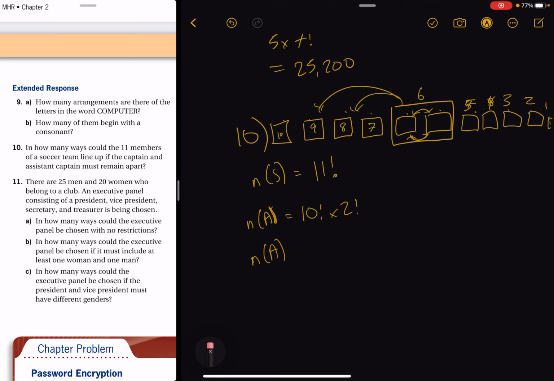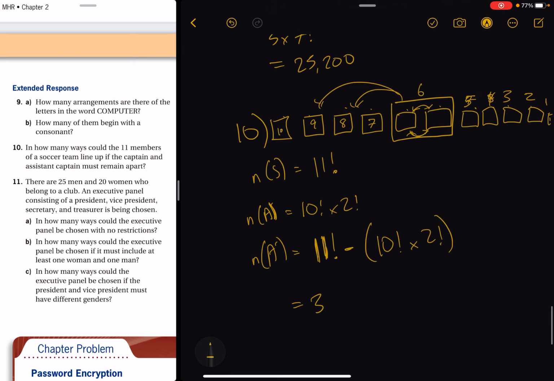Let's erase that. So then the number of ways they're apart is equal to 11 factorial, total ways that you can arrange, take away number of ways they are together. And that's equal to, well, what's 11 factorial? 11 factorial is equal to 39,916,800.